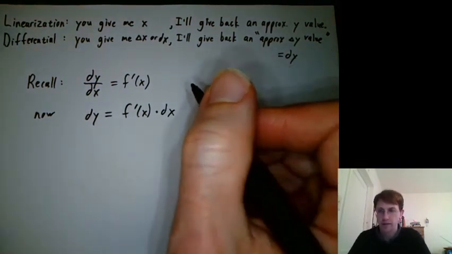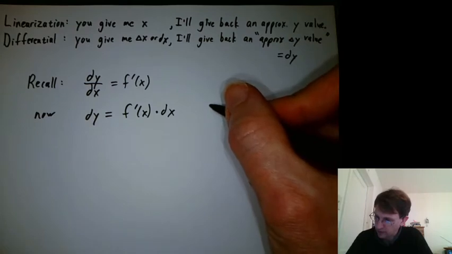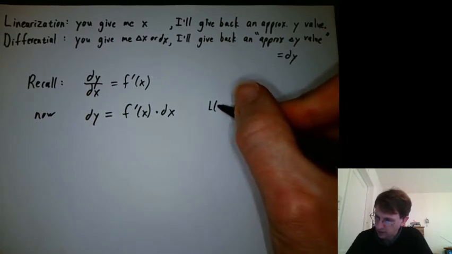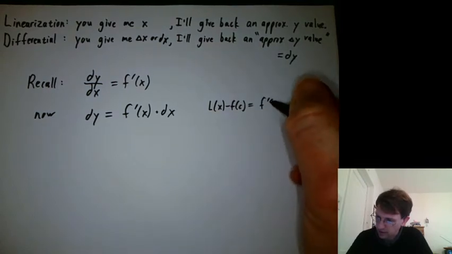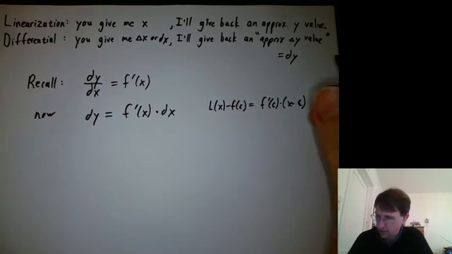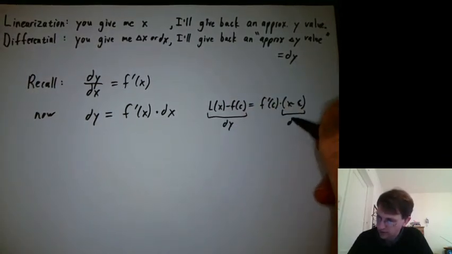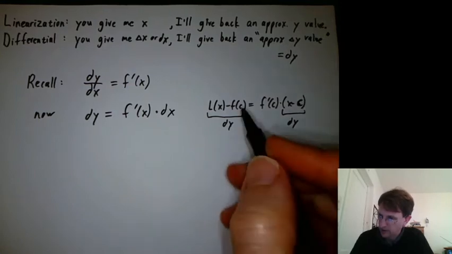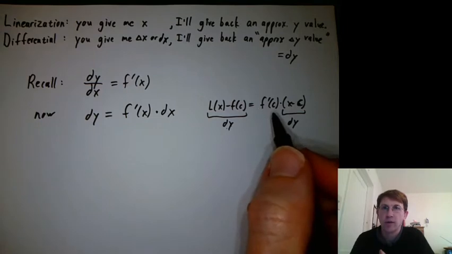And does that make sense with the drawing we had, or with our formula L of x minus f of c equals f prime of c times x minus c? We said this was dy, this was dx, and now we have dy equals f prime times dx, anchored at some point c.